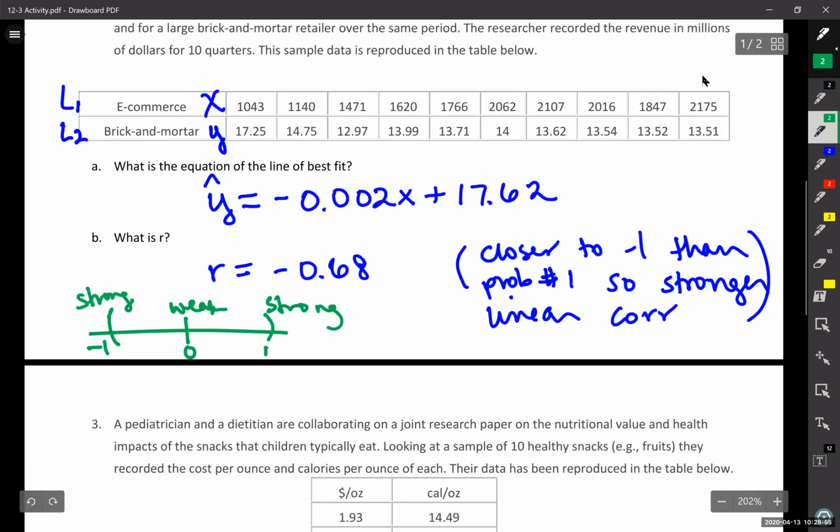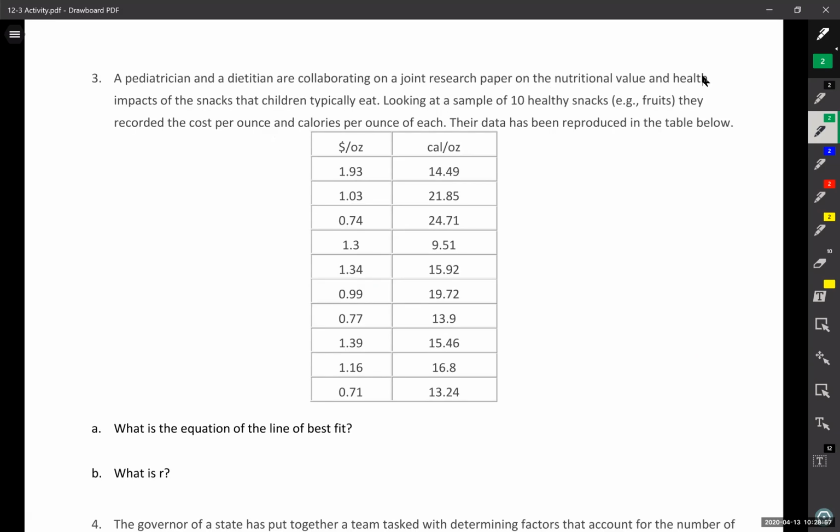All right, moving on to number 3 with our pediatrician. If you got the first 2 wrong, go back, try them again, put them in your calculator, and maybe just stop and redo 3 and 4 to double check your answers.